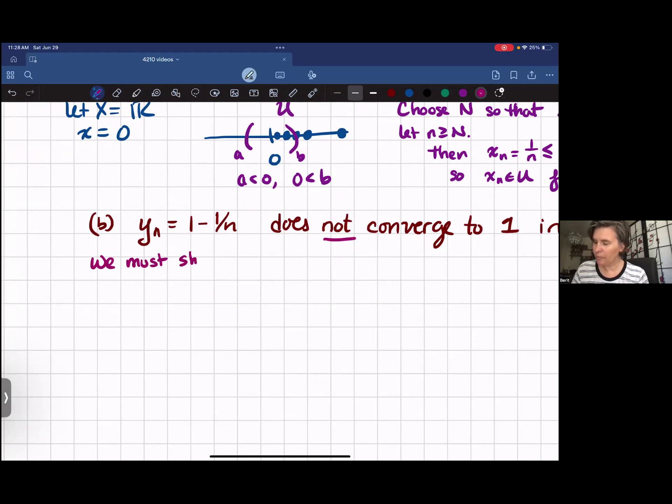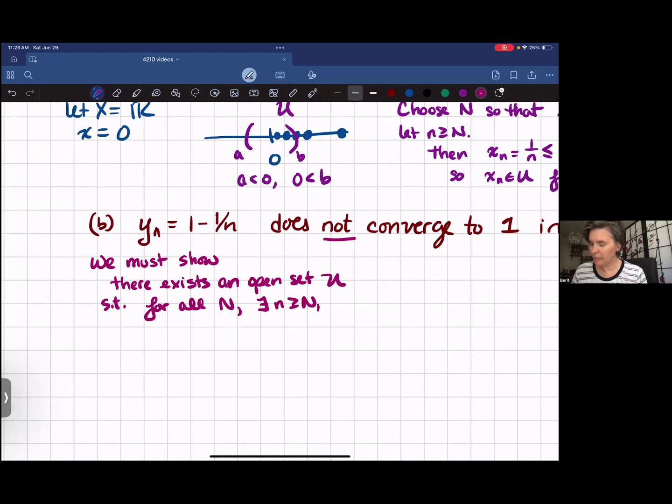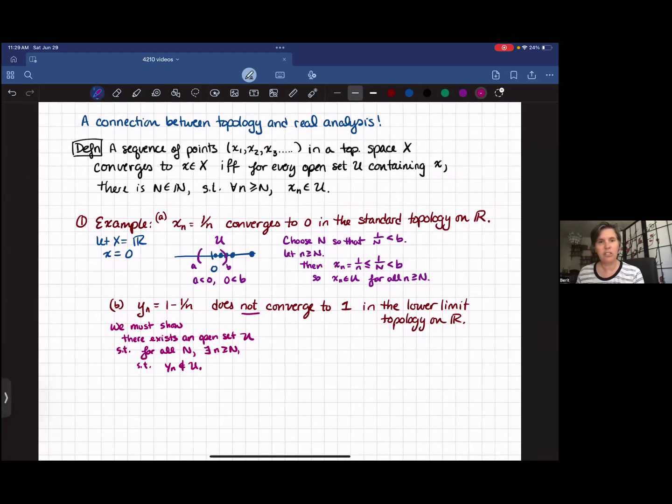Instead of saying for every open set U, we want to say there exists an open set U such that for all capital N, there exists a little n greater than or equal to capital N such that y sub n is not in U. So I took the negation of the definition of converges to. That's what I need to show.